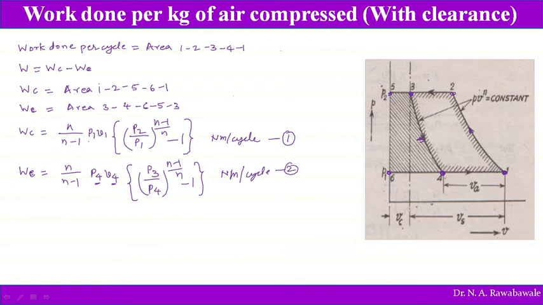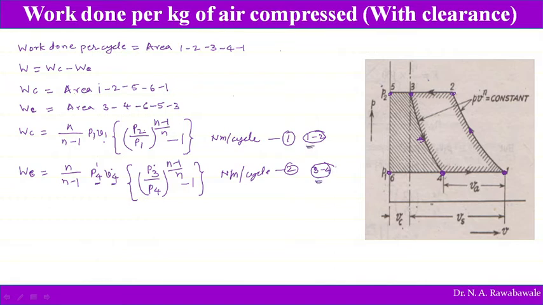Instead of P1 we have written P4, instead of V1 we have written V4, instead of P2 we have written P3, and instead of P1 we have written P4. This is applied to process 1 to 2, and this is applied to process 3 to 4. The only thing is this work is considered as positive, this is considered as negative.